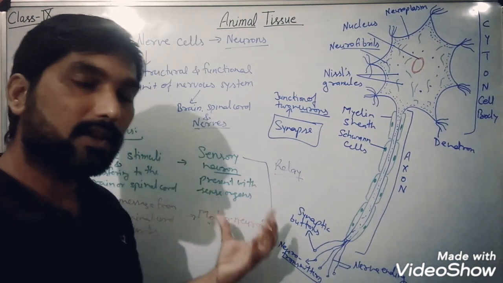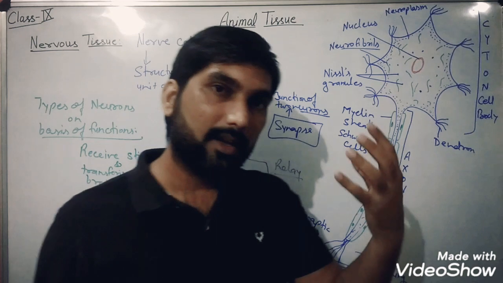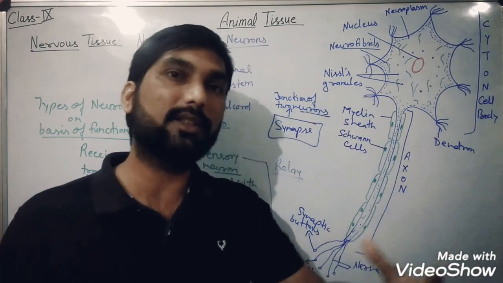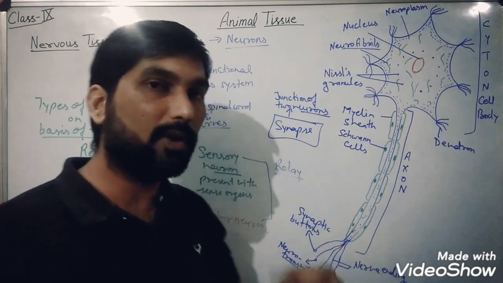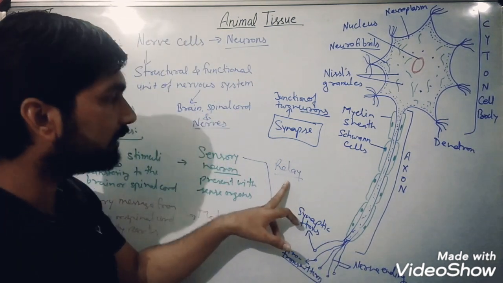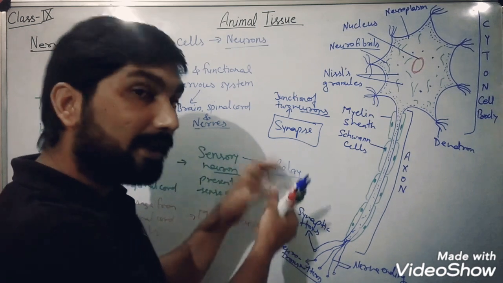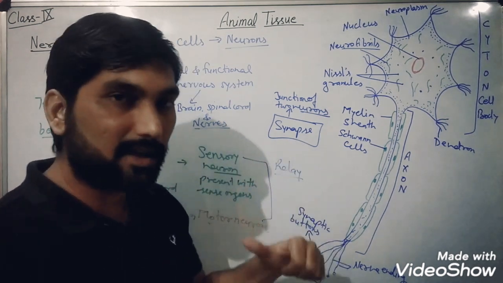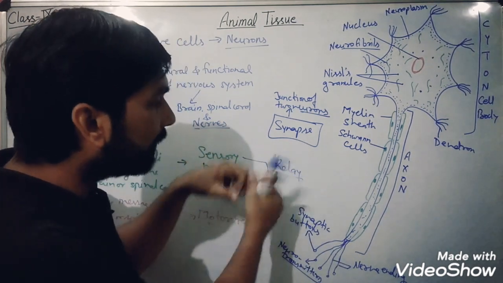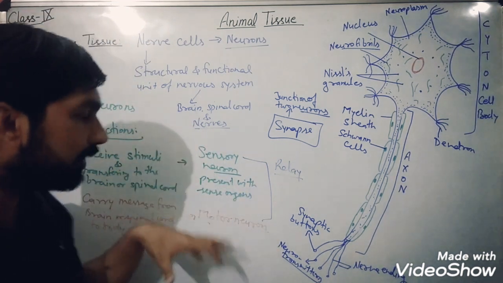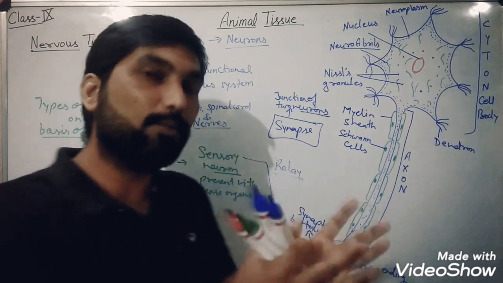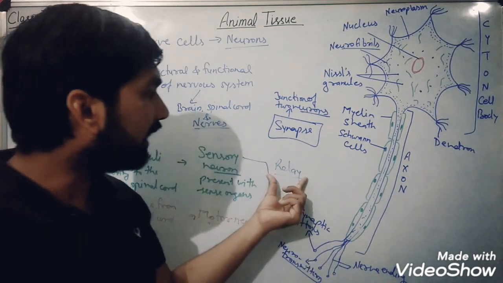Motor neurons send messages coming from the brain or spinal cord to other body parts. And relay neurons, present in the brain or spinal cord, connect sensory and motor neurons, so they are known as relay neurons.